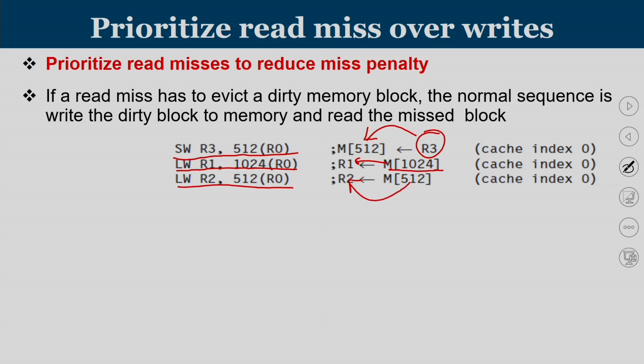Now the peculiarity is, when you perform the split up of the blocks, the first one has to perform a write on location 512, or essentially a block 512. The second instruction will perform a read on location 1024, and the third one is again a read on location 512.